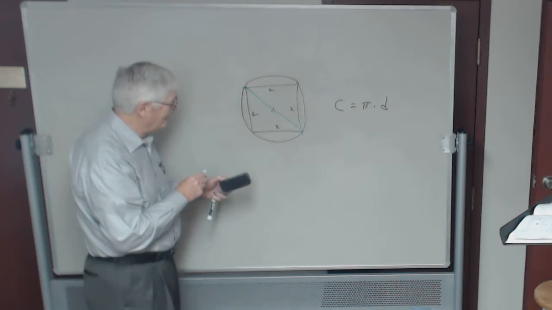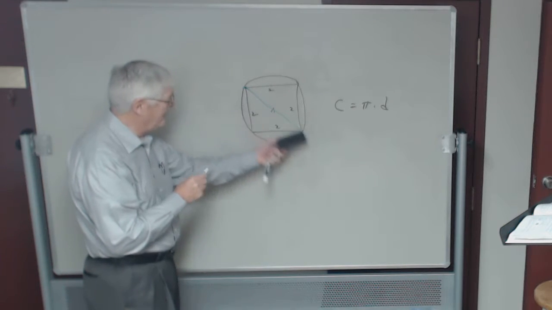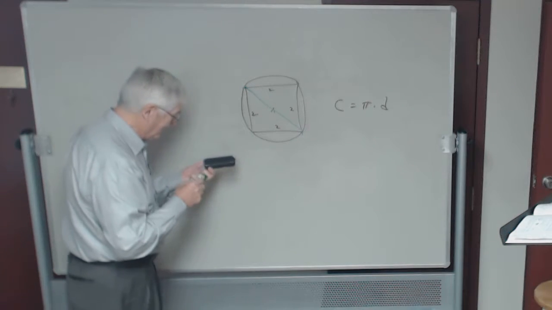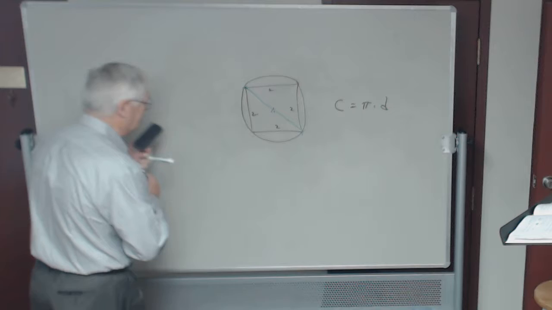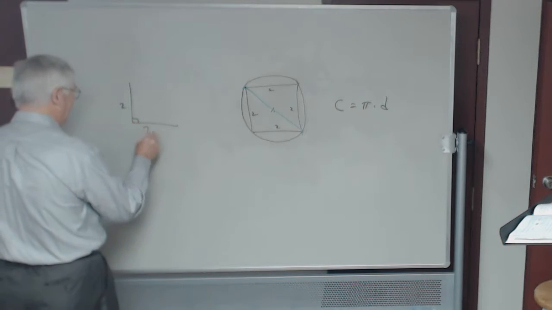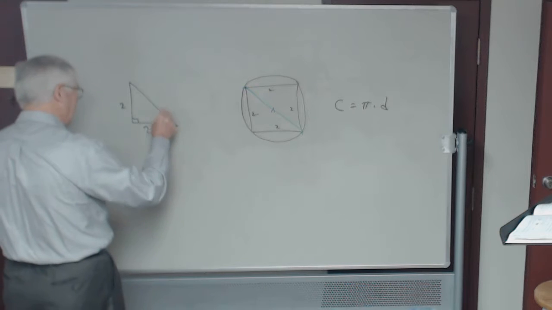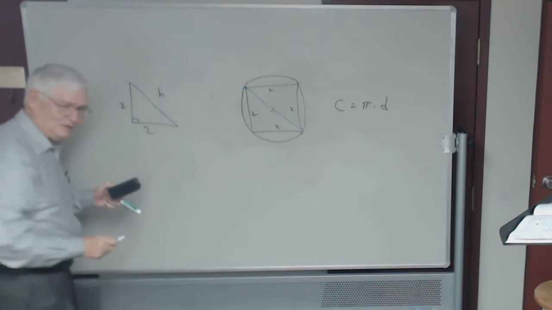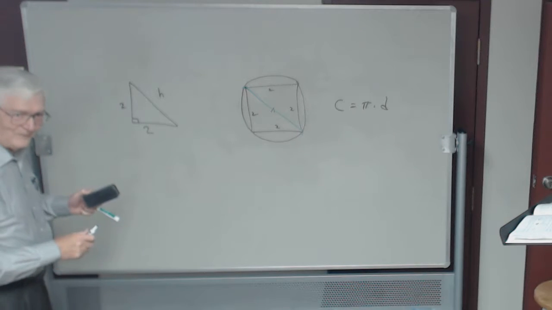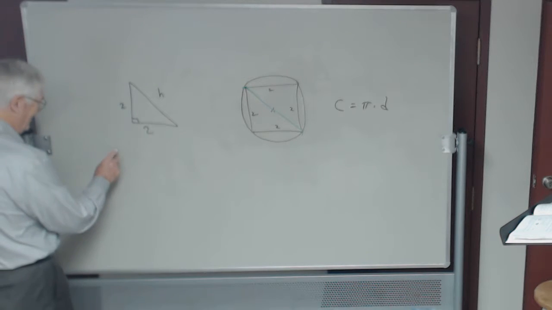See this line I drew for the diameter? Maybe it's too confusing, too much together. That's not 2 by 2 by something, right? And that's the hypotenuse, thanks to old Pythagoras. Good old Pythagoras. So what do we put down here?